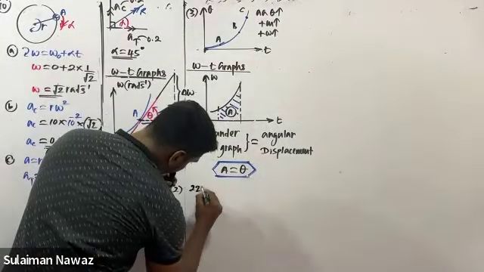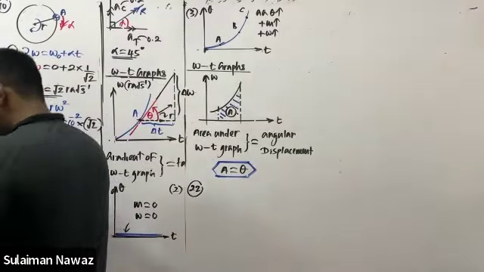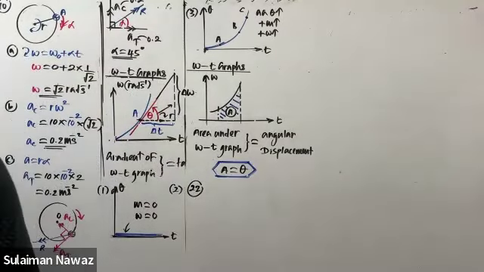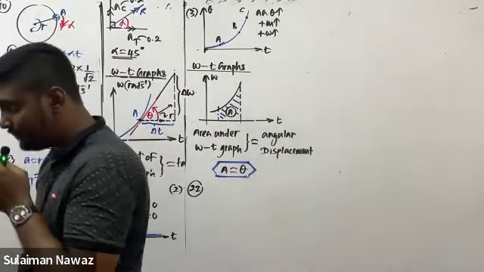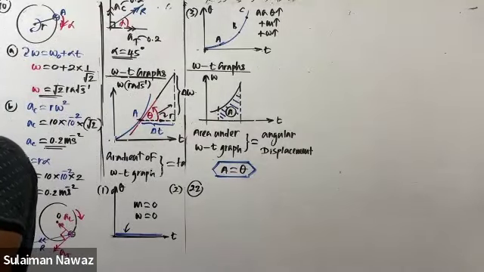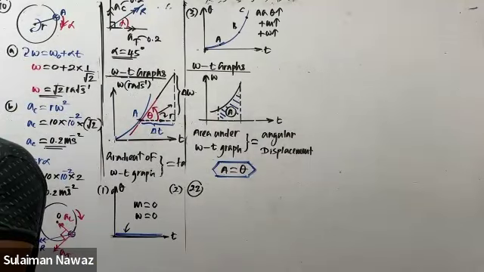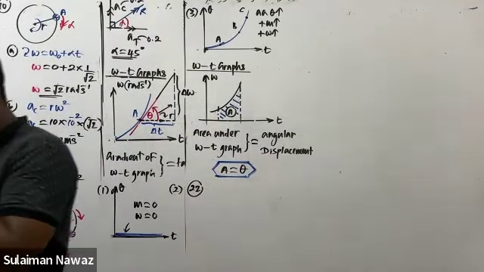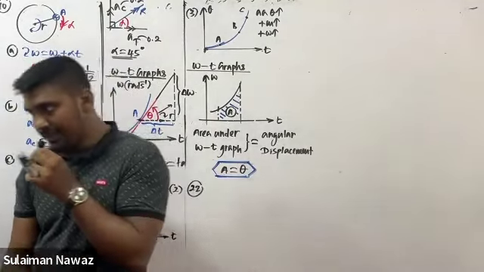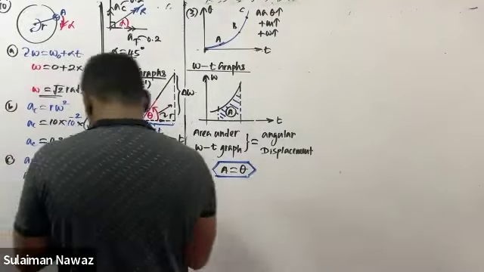Question number 22 says that the figure represents a graph which shows the variation of angular velocity with time for a rotating object. Calculate the following. You want to find the angular acceleration. Okay, draw the graph.